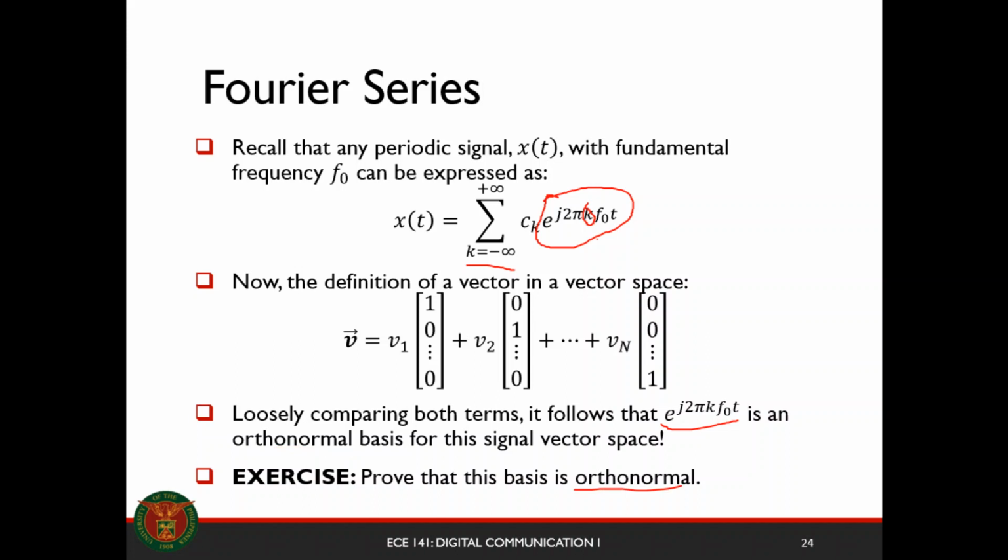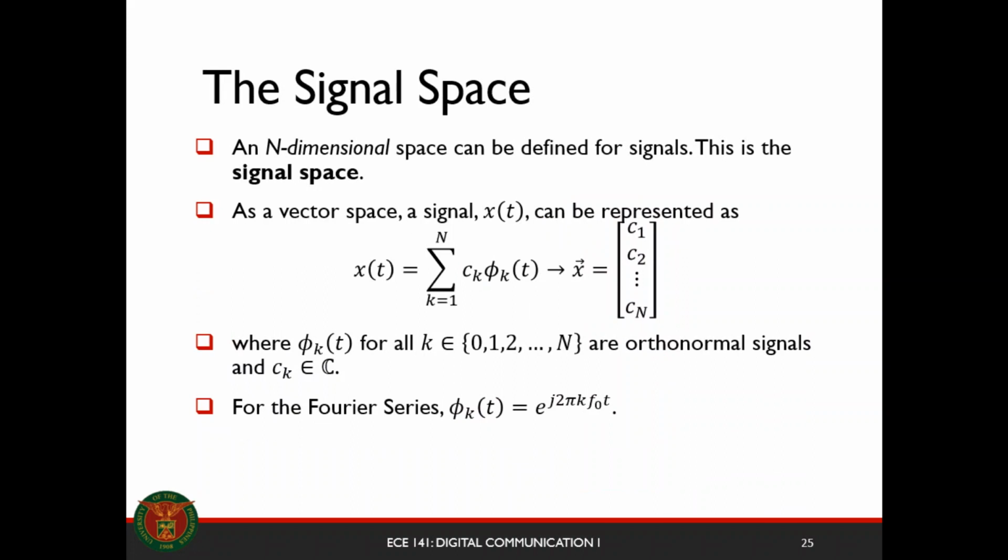Okay? So generally, we can define an n-dimensional vector space for signals. We call this the signal space. This signal space will be an important concept to you when we talk about digital communication systems. So let's generalize it. We have a set of basis functions phi sub k of t.